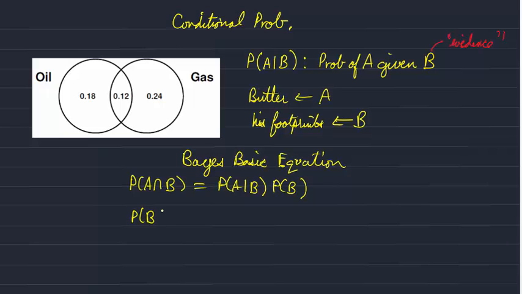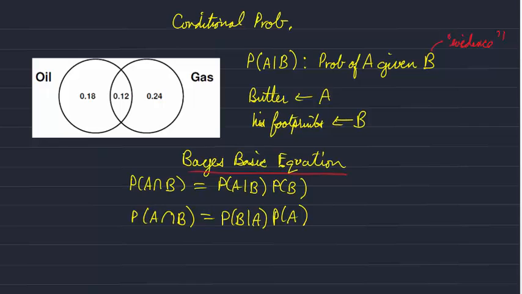Another form is the same thing written out: the joint probability of A and B occurring is equal to the probability of B given A times the probability of A.